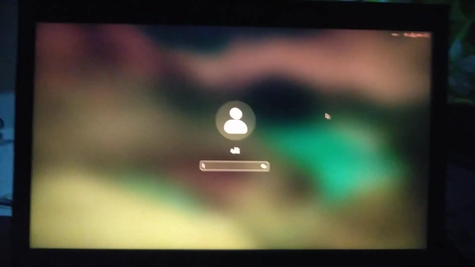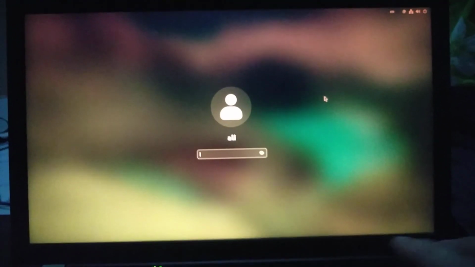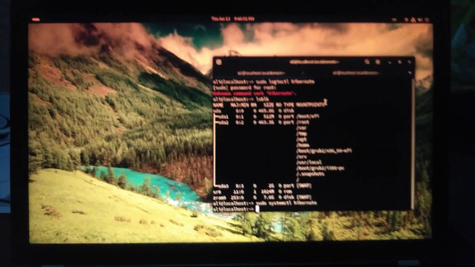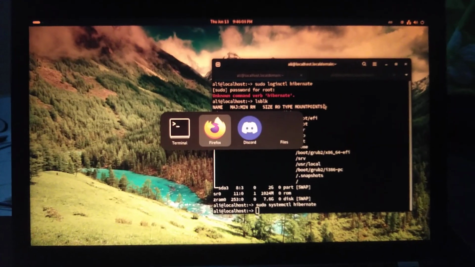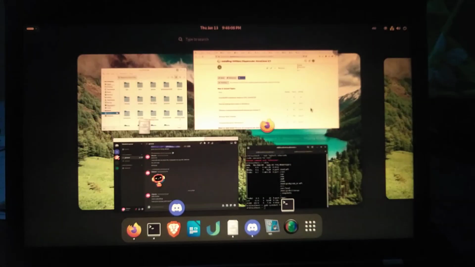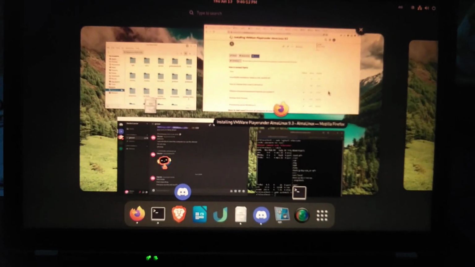I will pause the video, no need to see the full boot process. Okay, time to log in. And these are the applications that were running before we went into the state of hibernation.